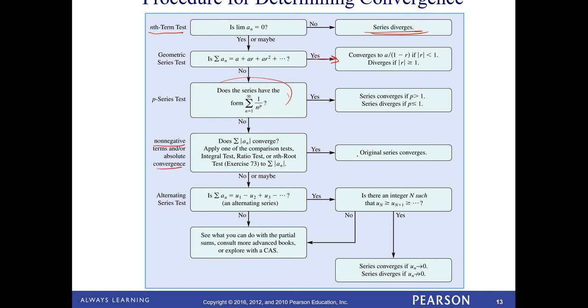If the absolute value converges, then the original series converges. If it doesn't, or if we're not sure, we're going to look at the alternating series. If it's alternating and follows all three restrictions, then yes, we can find convergence for it. If not, look at partial sums, in more advanced books. In other words, if it doesn't, we're not going to find it.